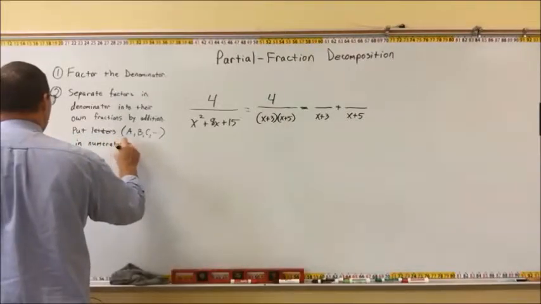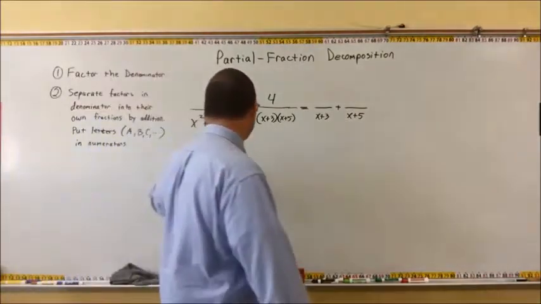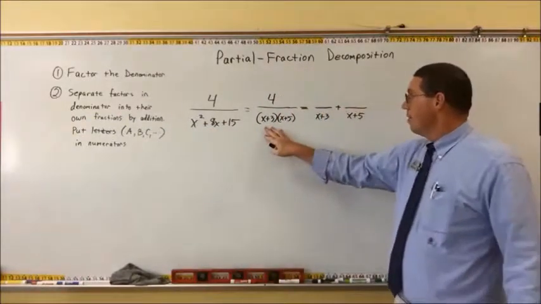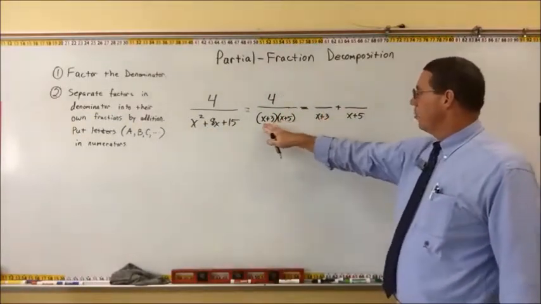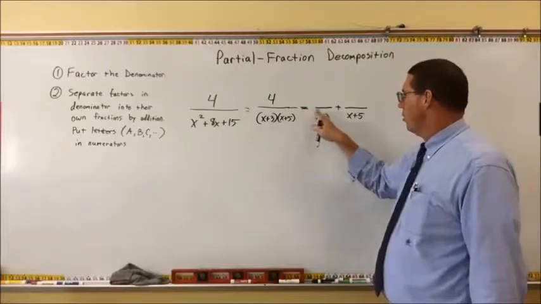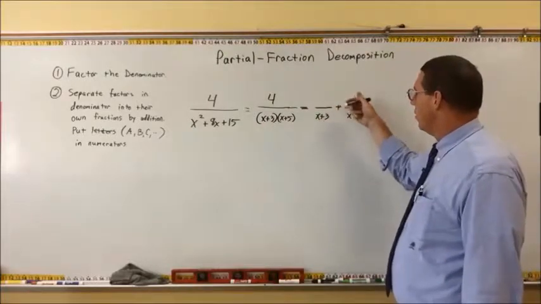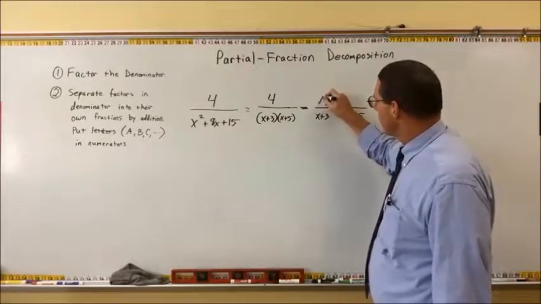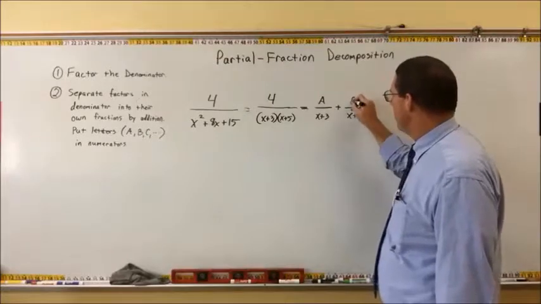So first, we factor the denominator. Then each one of these factors gets its own fraction. And in the numerator, we put letters. So we're going to put an A up here, and a B here.